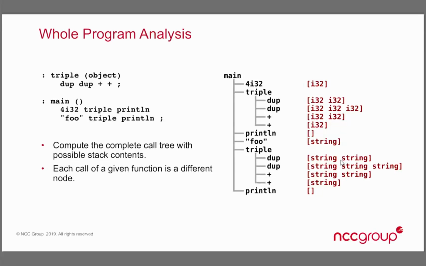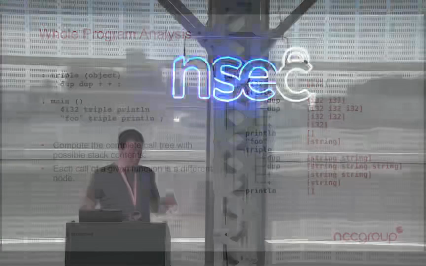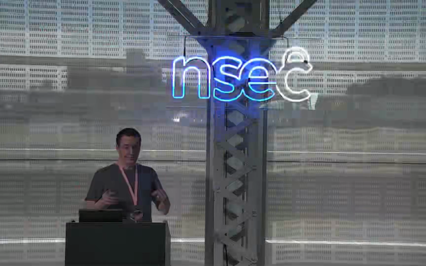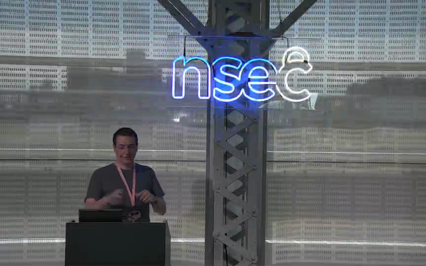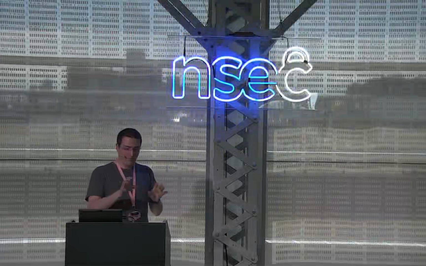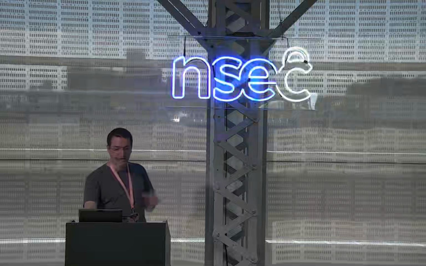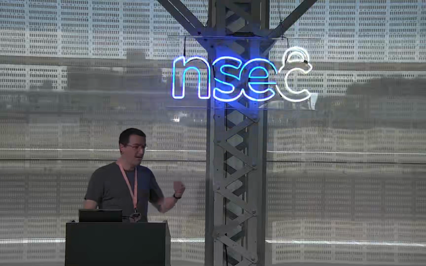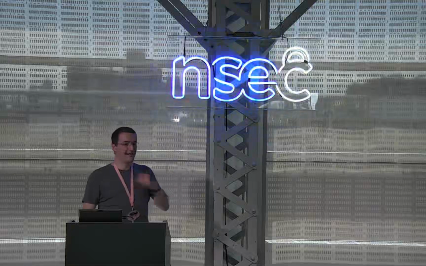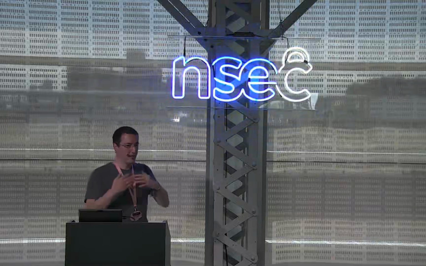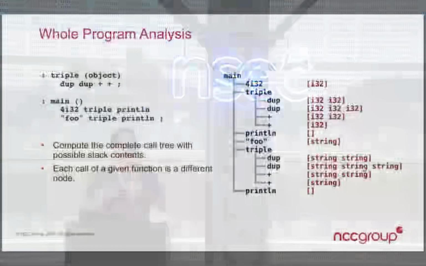And crucially, it does not try to merge both. It considers the two triple calls to be independent of each other, so it does not try to imagine a triple function which would have a stack with 3 values, which can be each of them an integer or a string. So it never asks itself what would happen if it tries to add a string with an integer, because it does not happen.